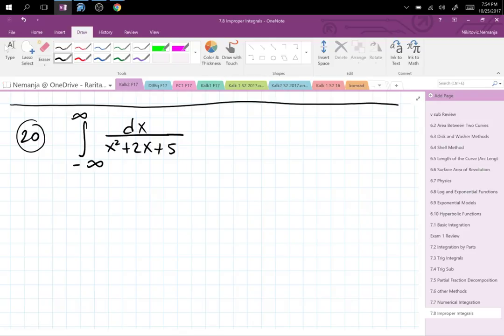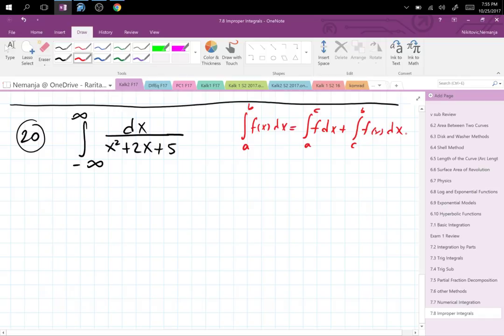Now, please remember from your Calculus 1 that you are allowed to break the integral at any point in your domain. The theorem said that the integral a to b of f of x dx is equal to the integral a to c of f of x dx plus c to b of f of x dx.